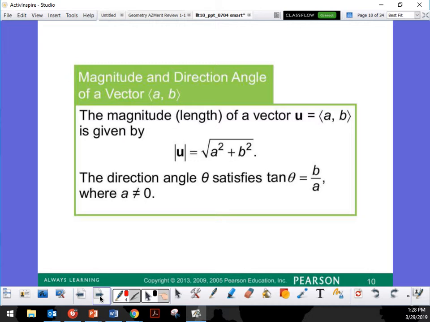And the direction angle theta satisfies this. If I want the angle, you have to do the inverse.